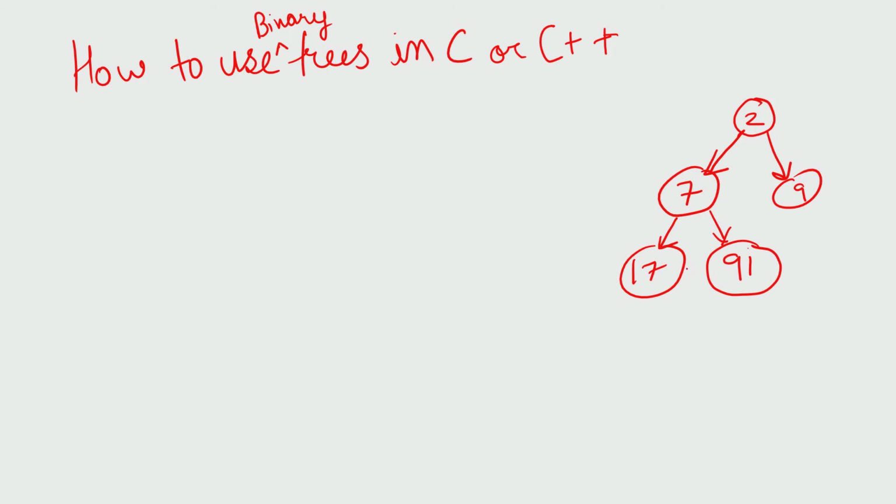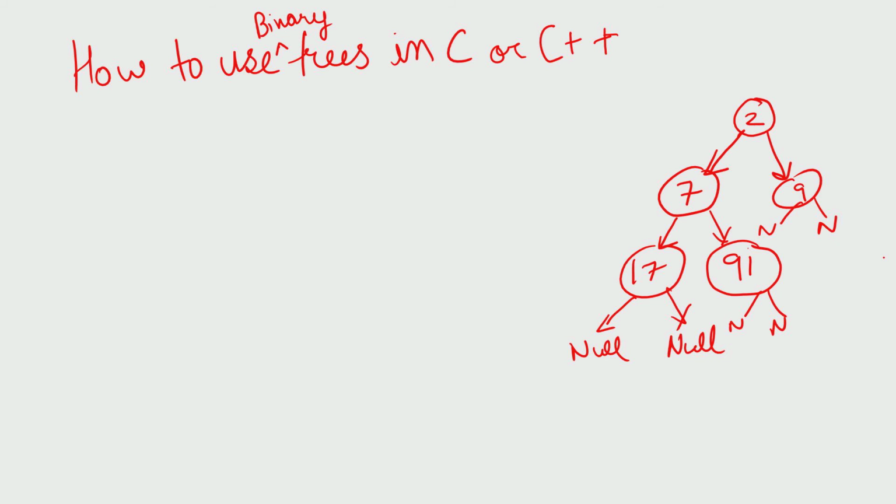Let me tell you one more important concept. Suppose this is a tree. Then we'll have to link these pointers to null. So these pointers will be pointing to nothing: null, null, null, null. So this is our tree.